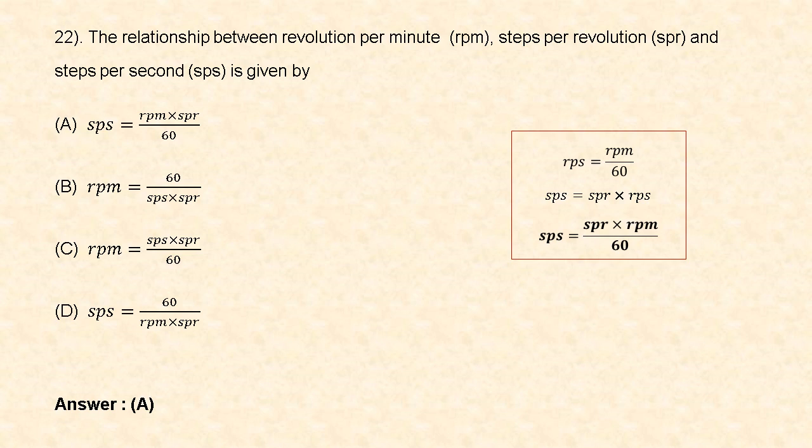Here if you see, RPS, that is revolution per second, is equal to RPM by 60, revolution per minute by 60. Now steps per second is equal to steps per revolution into revolution per second. Hence steps per second is equal to steps per revolution into RPS, which is nothing but RPM divided by 60. So option A is correct.